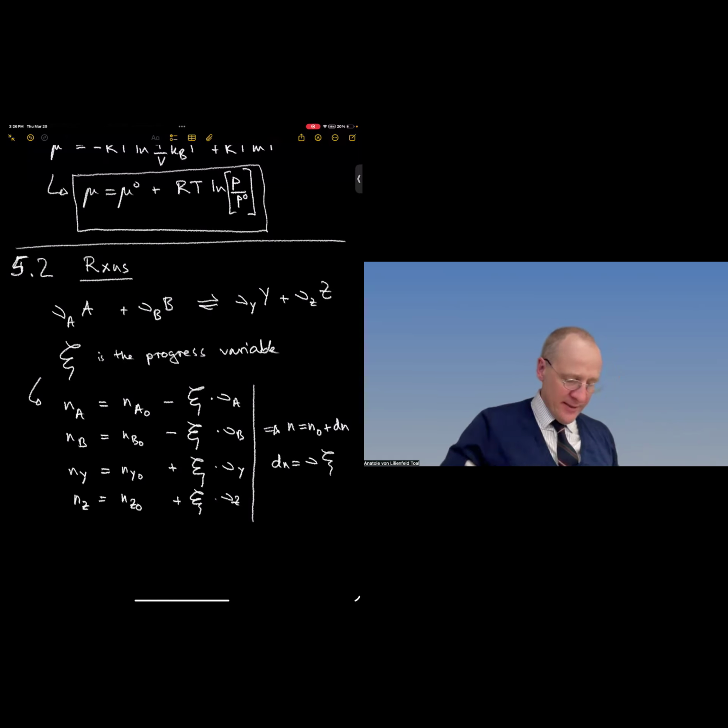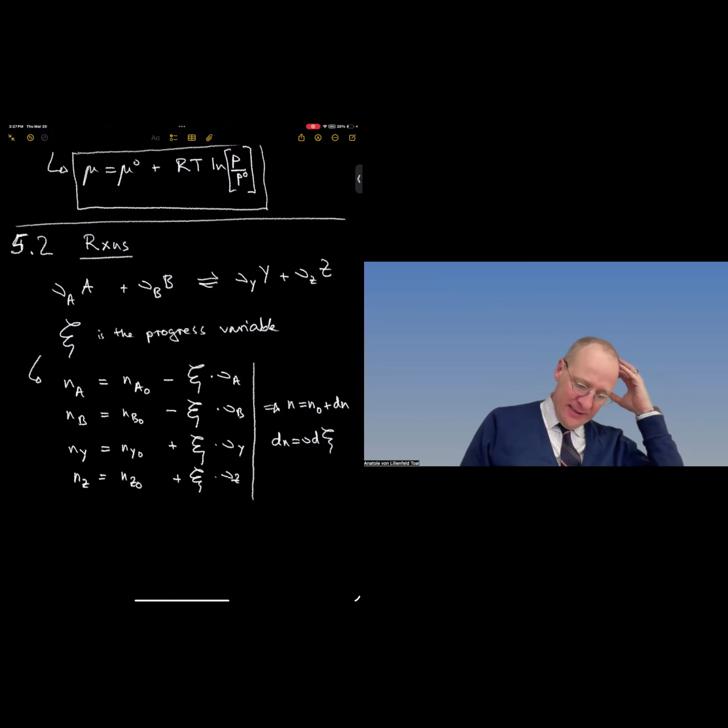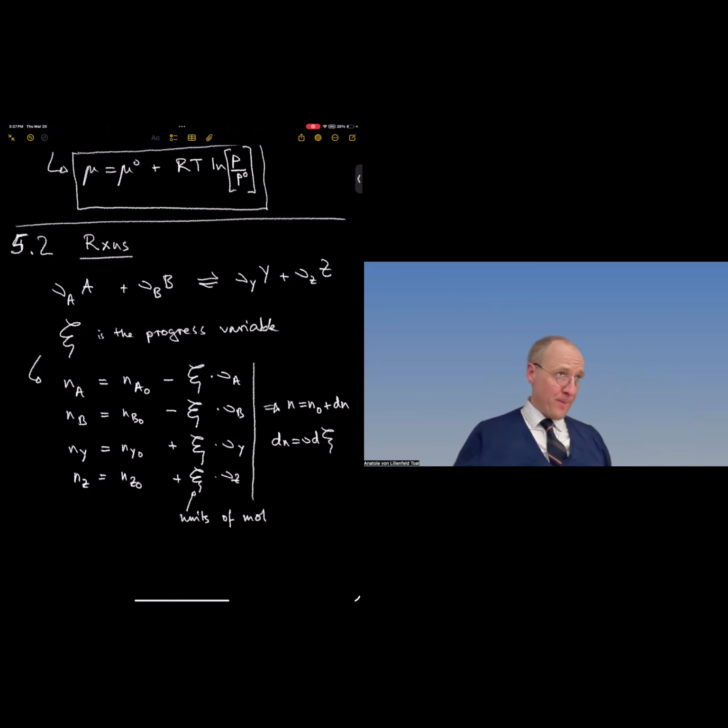And this infinitesimally small change dn we write as nu d psi, right? Now psi has the units of mole, and your stoichiometric factor is just a factor, unitless.